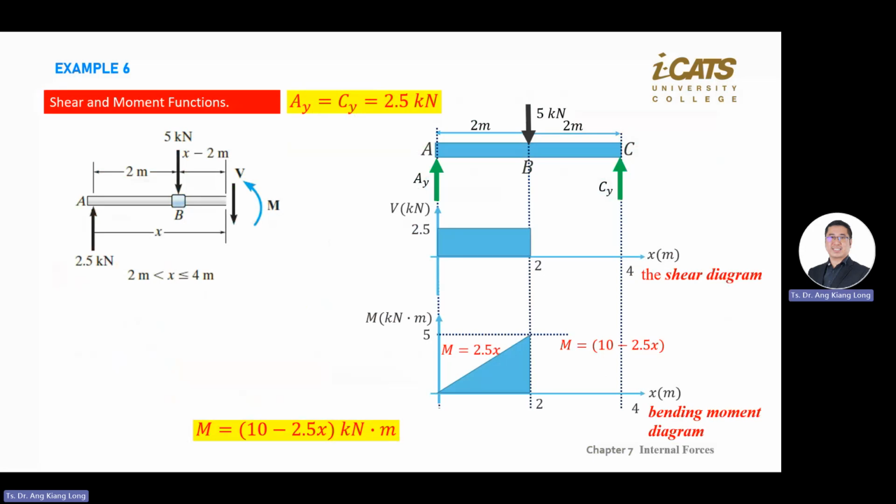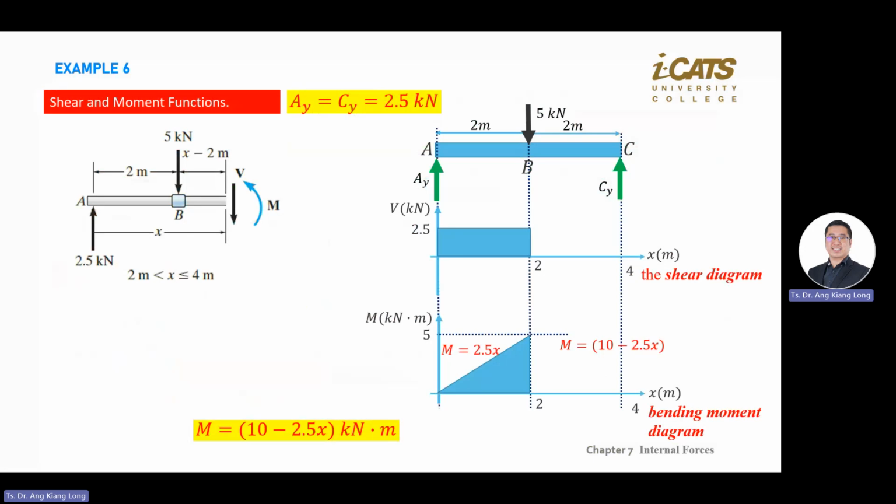This section might be confusing for some of you because this method might be new to you. So this one, label x until the distance that you slice. This distance must be more than half, or more than the point load. Then this is 2, so the space here, you take x minus 2. Right, this space is x minus 2.